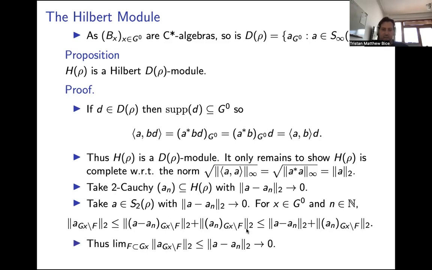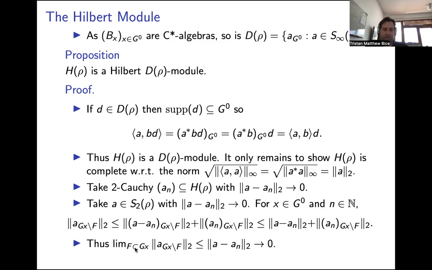Well, we know that the 2 norm of A minus A_N approaches 0 as N approaches infinity. We also know that each A_N individually has A_N star A_N defined, or in other words, as F gets larger and larger here, these 2 norms approach 0. That was our alternative characterization of A_N star A_N being defined.